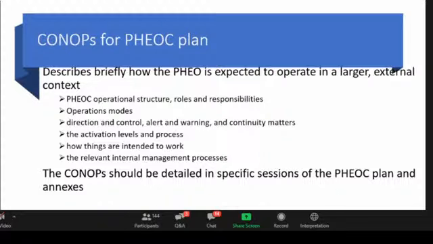And also I want to emphasize that the national Conops or EOP Conops should be available in a PHEOC, either in the annex or provided in the EOC, so that people can refer to it. Next, please.